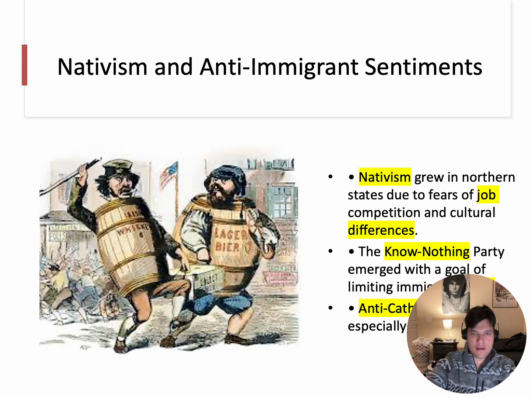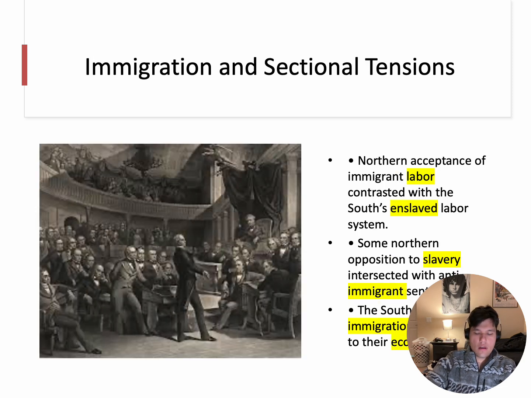I want to keep it pretty short today. So a lot of immigration and sectional tensions happened. In the North, the acceptance of immigrant labor clashed with the South's reliance on the enslaved labor system. Some Northerners opposed slavery but were also wary of the growing immigrant population.